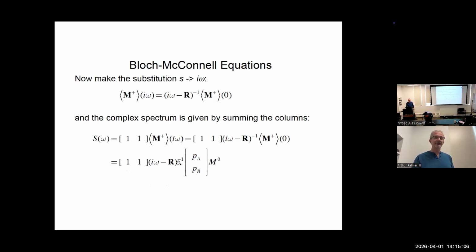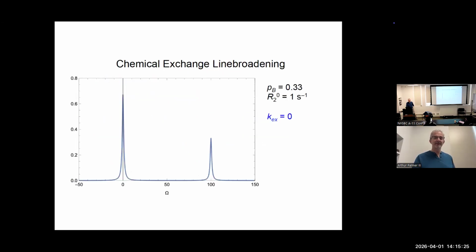So here is my spectrum. It's the inverse of a diagonal matrix, i times omega, minus my matrix R. I take the inverse and then do these two multiplications. So that's very simple.